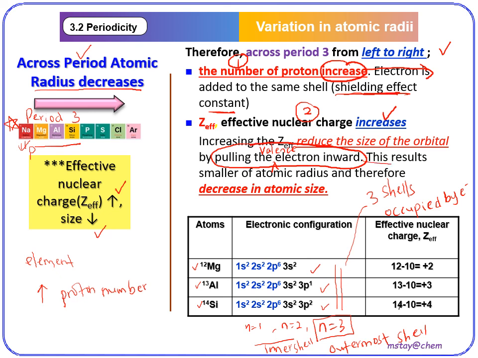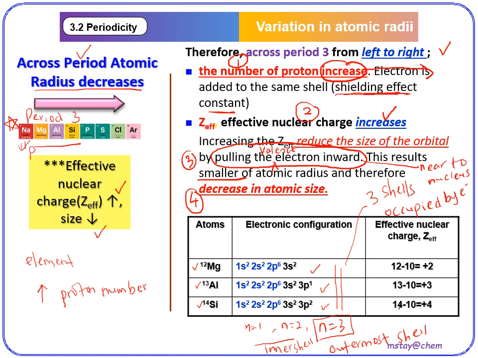Inwards here means nearer to the nucleus. When the valence electron is nearer to the nucleus, based on our definition of radius, which is the distance between the nucleus and the valence electron, the radius will become smaller. In conclusion, the size is getting smaller, a decrease in atomic radius.